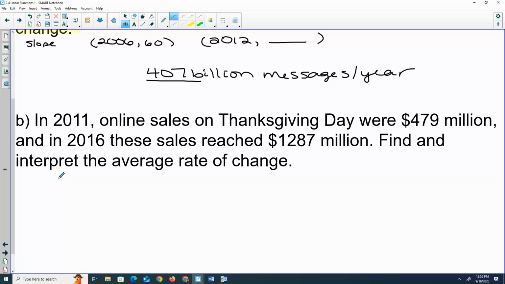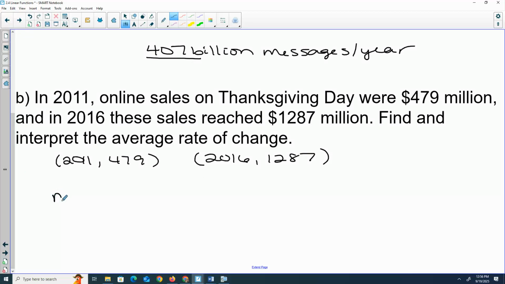So what would my points be? Average rate of change is just slope. Slope is y2 minus y1 over x2 minus x1.